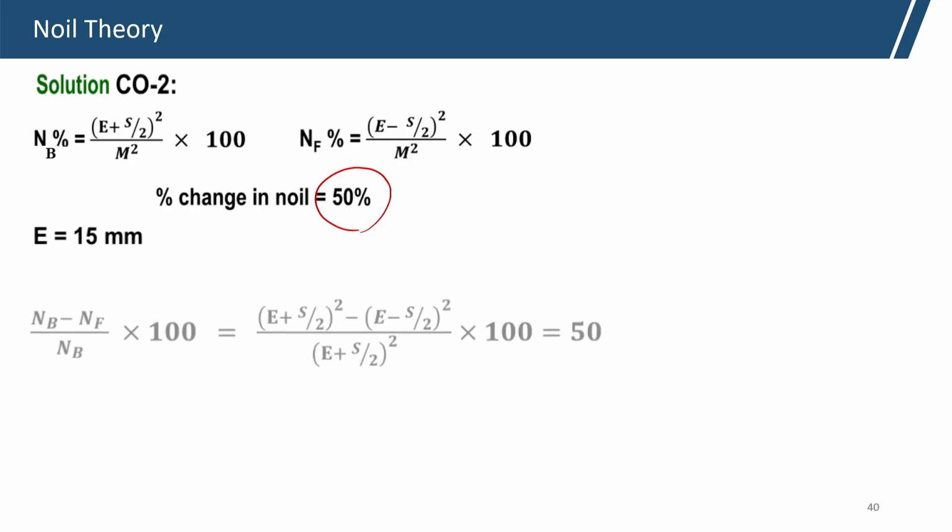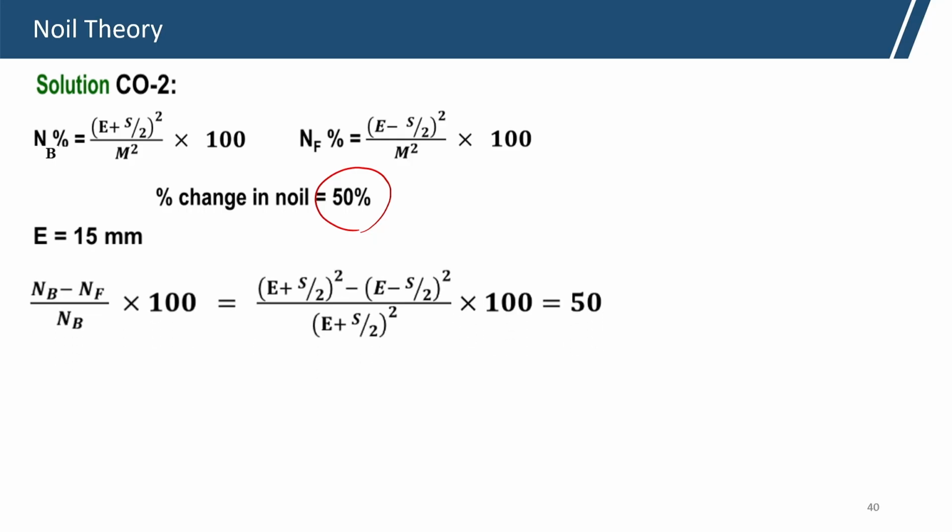So, percent change in Noil percent is 50%, that means NB minus NF by NB multiplied by 100 is 50%. So, NB is E plus S by 2 square, minus E minus S by 2 square, divided by E plus S by 2 square, multiplied by 100 is equal to 50.